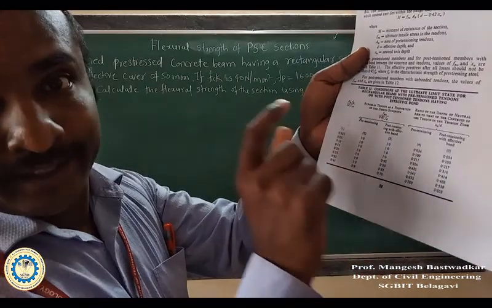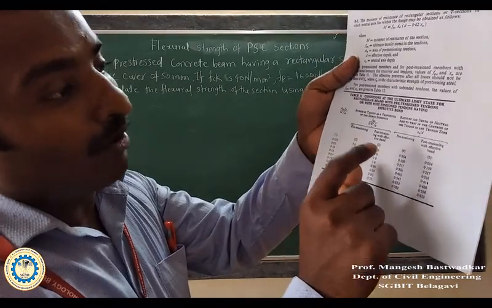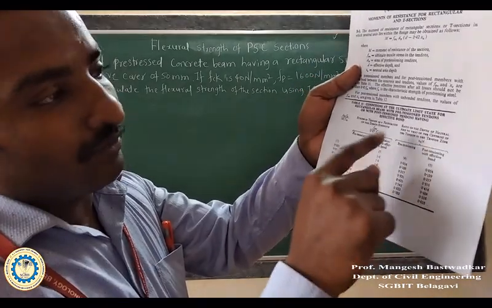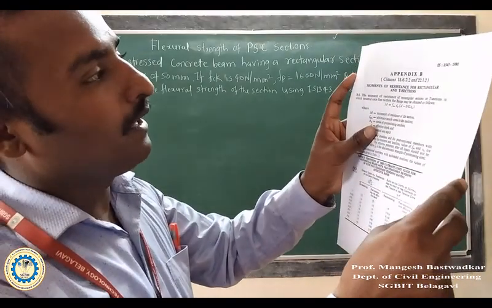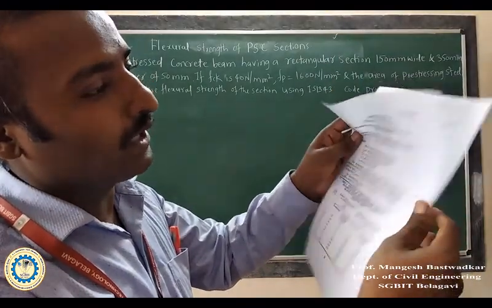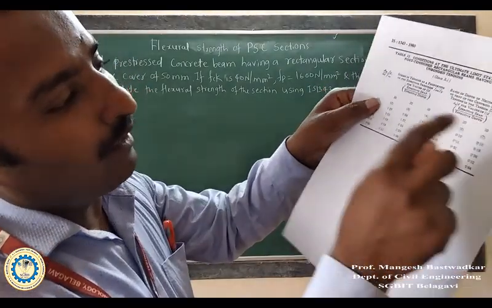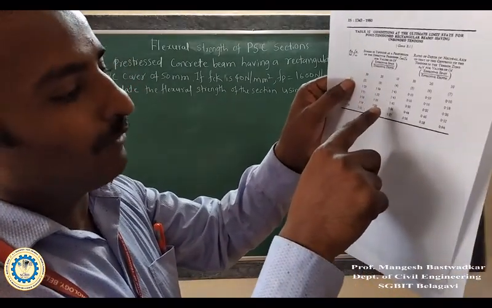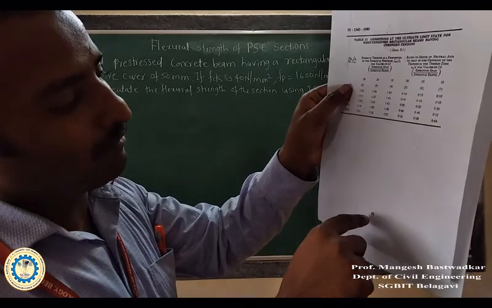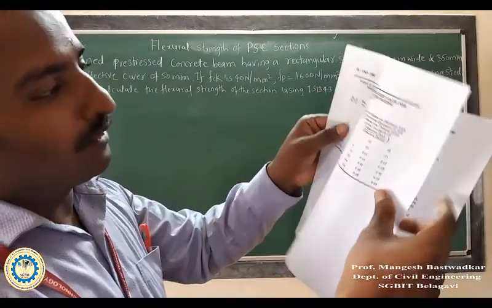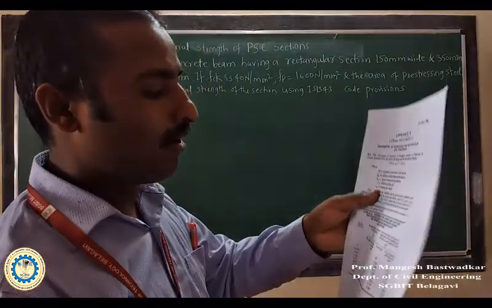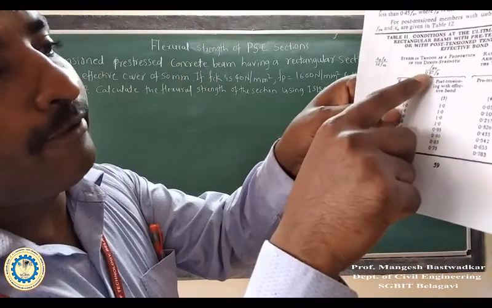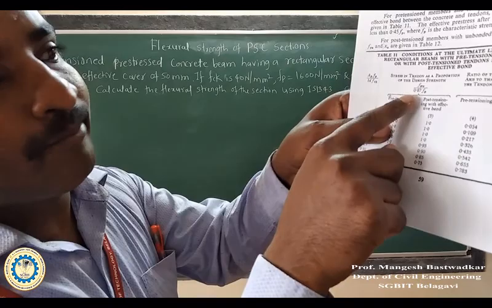If it is effective bond, then you can go for this table. If it is a post-tension beam, then you should use table number 12 of IS 1343 on page number 60.